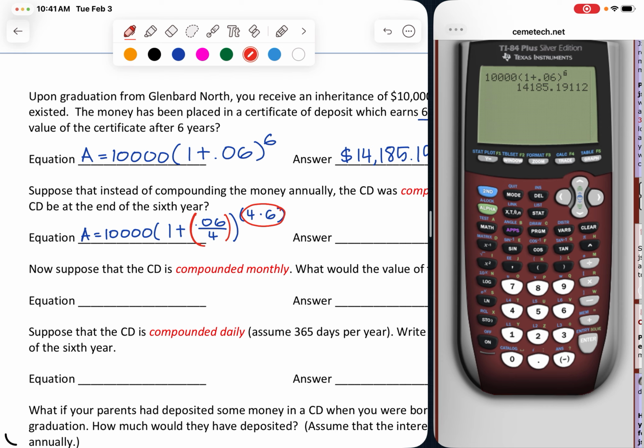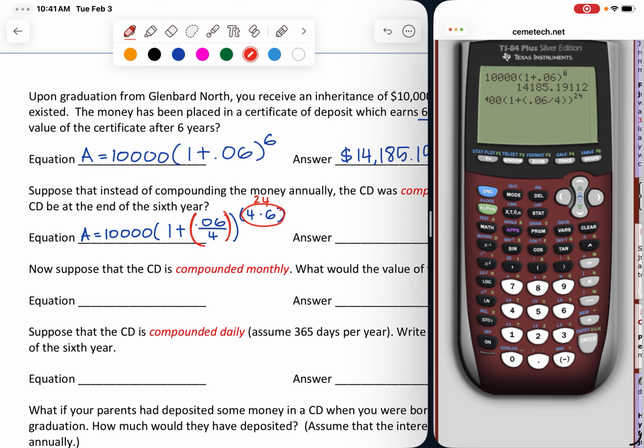So when we put this in our calculator, we're going to make sure that there's another set of parentheses around that, and we are going to put 24 here. So 10,000 and then parentheses, 1 plus another set of parentheses, 0.06 divided by 4, close the red parentheses, close the blue parentheses to the 24th power.